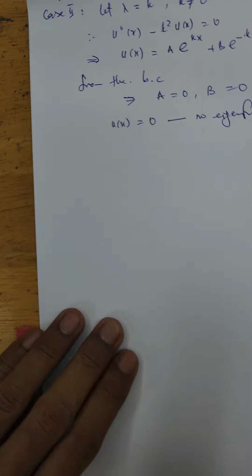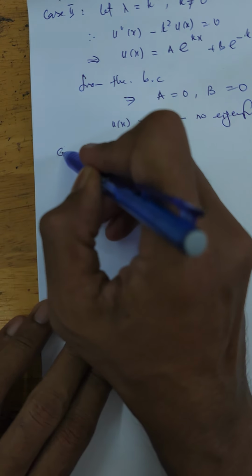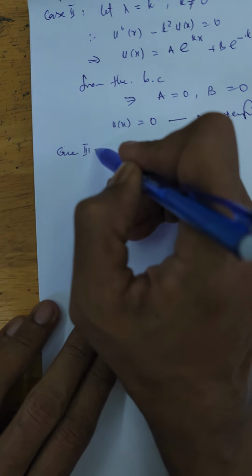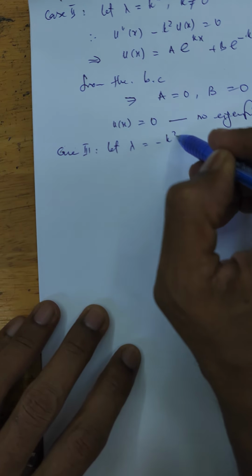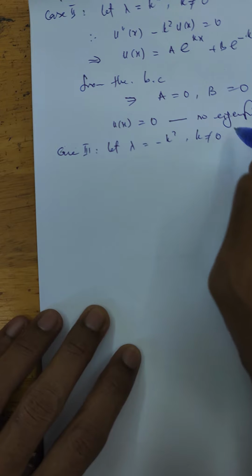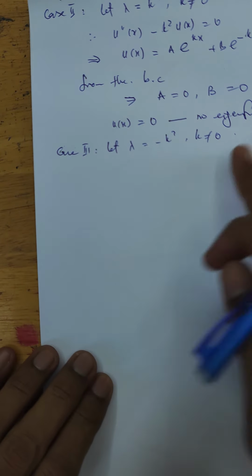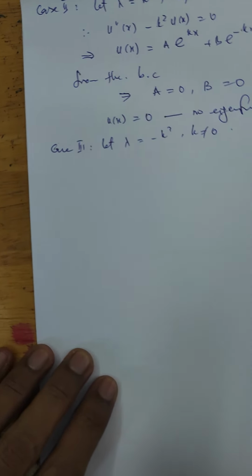Now for the third case, case 3, we let lambda equal to minus k squared for k different than 0. Of course, because when k equal to 0, that goes to case 1.